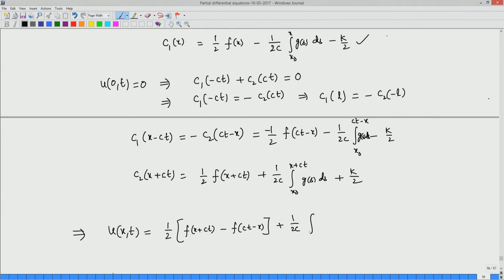So, this is from Ct minus x to Ct plus x, that is x plus Ct, of g of s ds. So, this k by 2, that k by 2 cancels.